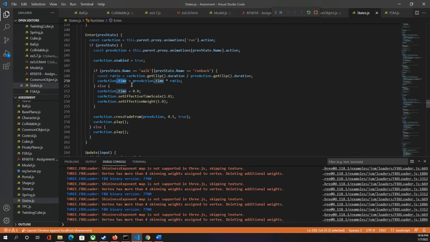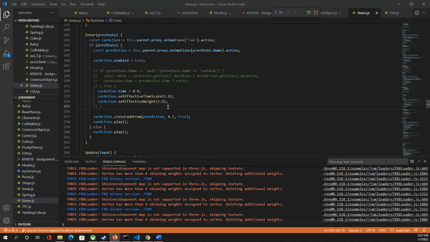So, to find a timestamp in the animation where the current action should start, to smoothly transition from the previous action. So it basically finds the approximate starting position of the animation. I hope I explained it so you did understand it.